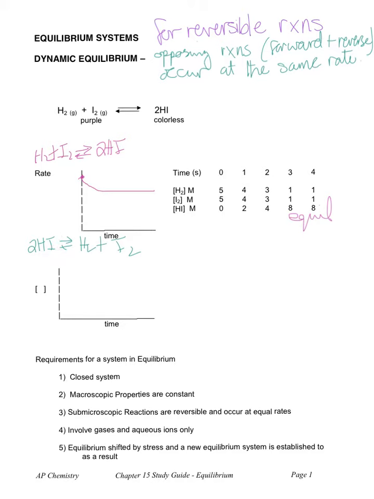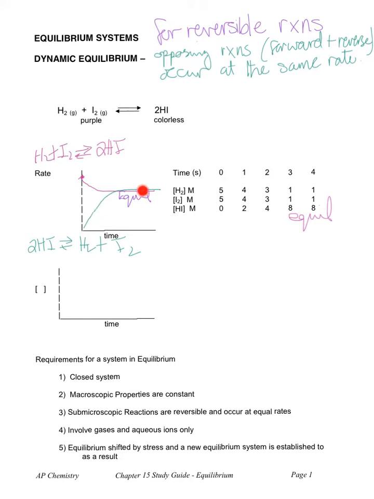As time goes by, because you form more and more of this, then you have more collisions forming that, and so now your reaction starts increasing in rate, and it increases and then it remains steady. At equilibrium, there's your equilibrium. That's when the rate of the forward reaction is equal to the rate of the reverse reaction.